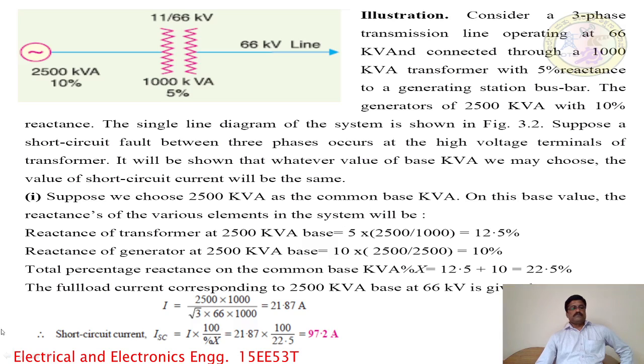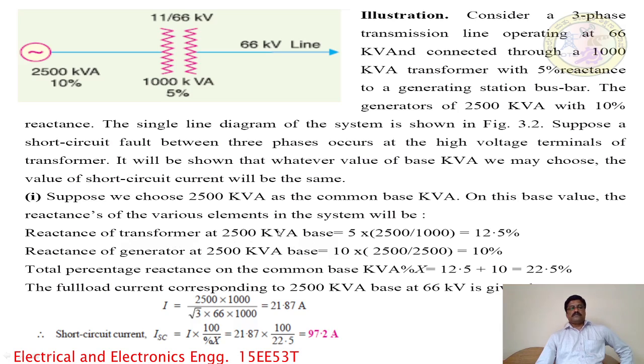First we have to calculate the common reactance of the transformer and the reactance of the generator as well as the transmission line.